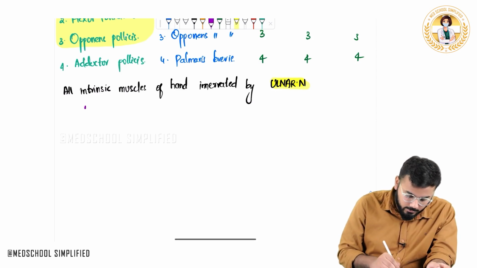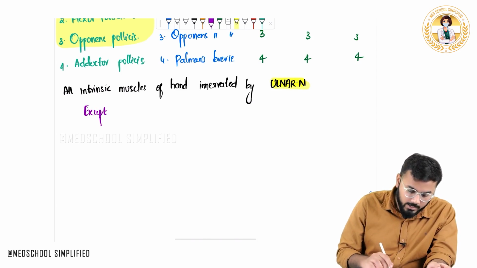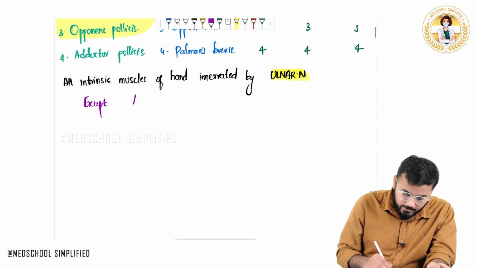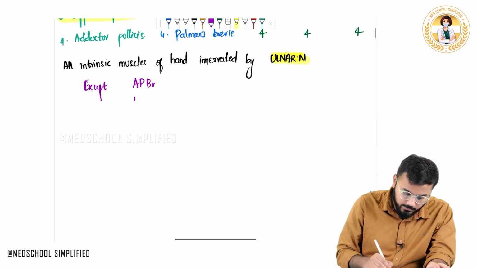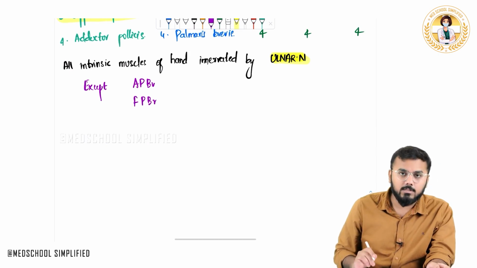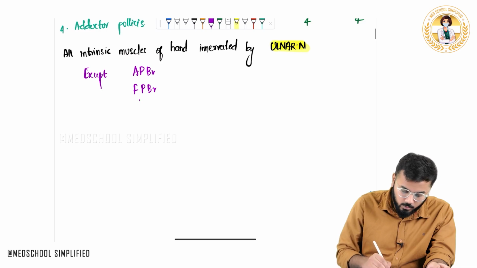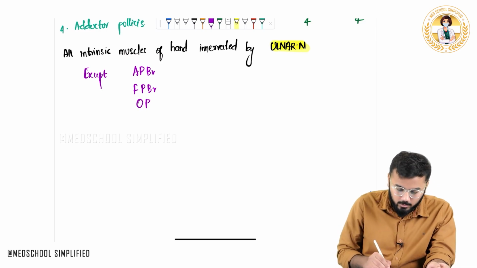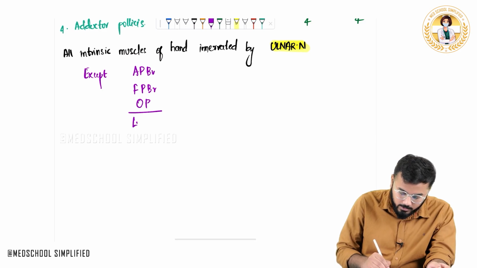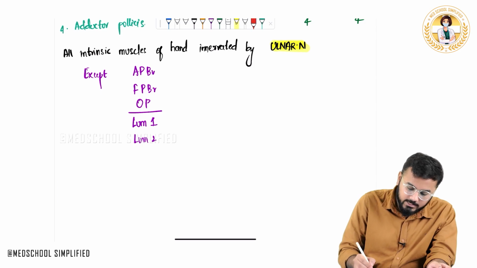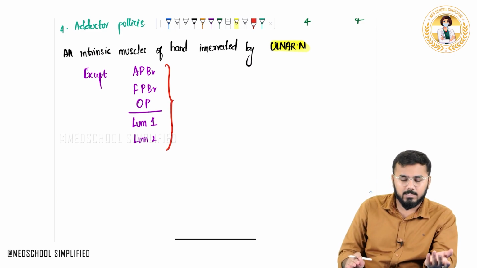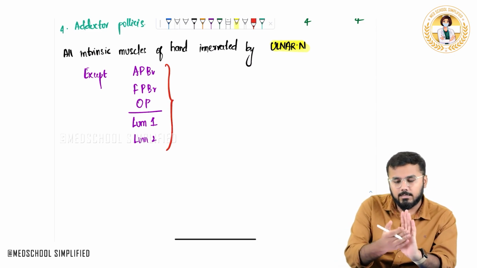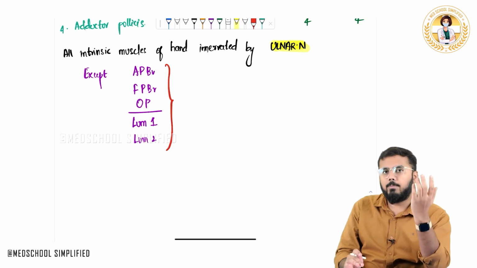Except what? Except these muscles: abductor pollicis brevis, next flexor pollicis brevis, and next opponens pollicis. Not only that, even lumbricals, lumbrical number 1 and lumbrical number 2. So except these 5 muscles, all the intrinsic muscles of the hand which we discussed are supplied by ulnar nerve.